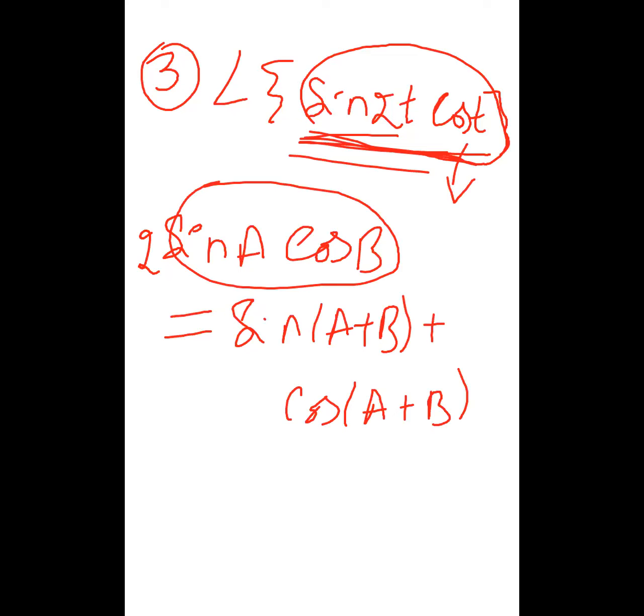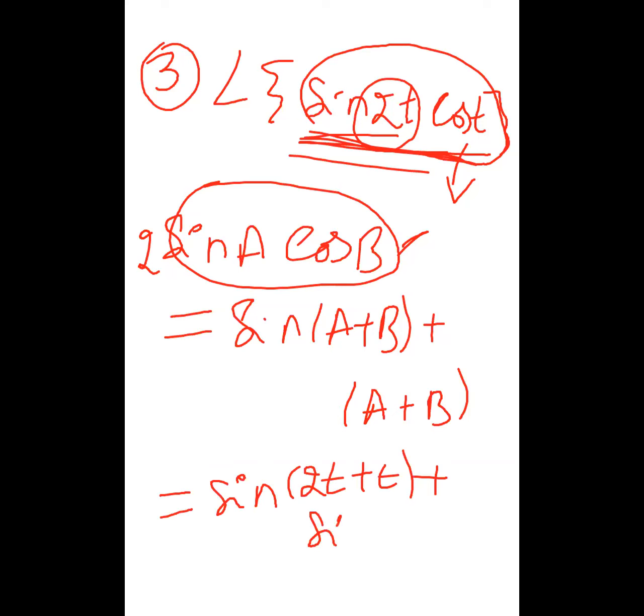Comparing the formula on the left hand side with the given problem, observe that here A equals the first angle, the sine angle, that is 2t, and the second angle B is t. Substituting A equal to 2t and B equal to t in the above formula, now we get sin of A plus B, so sin of 2t plus t, plus sin of A minus B, 2t minus t.